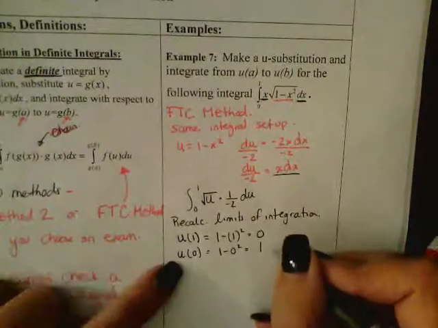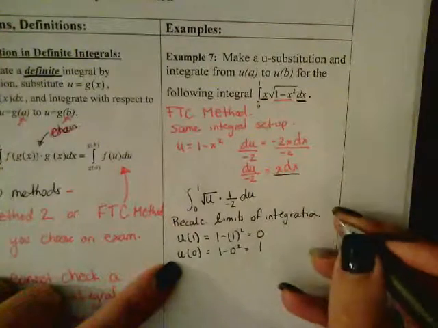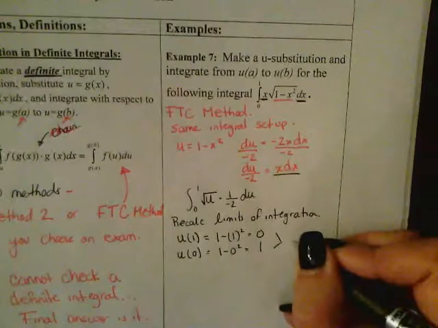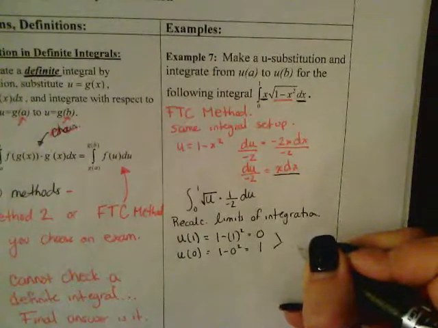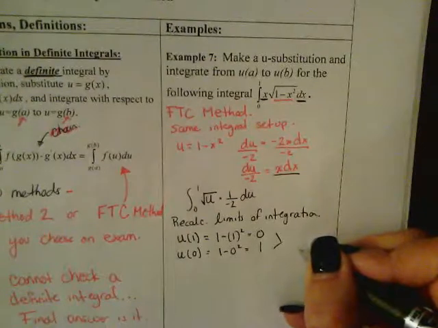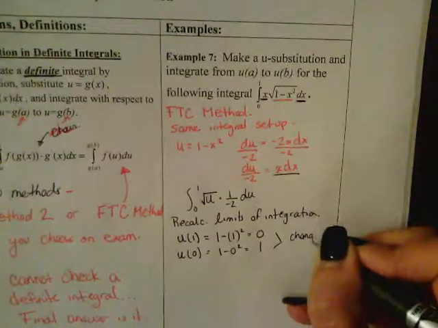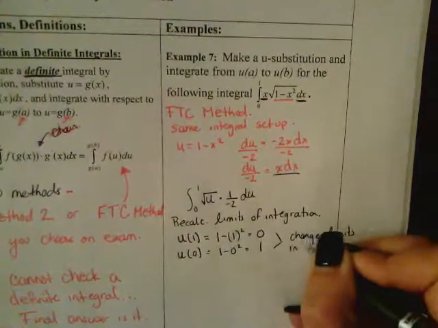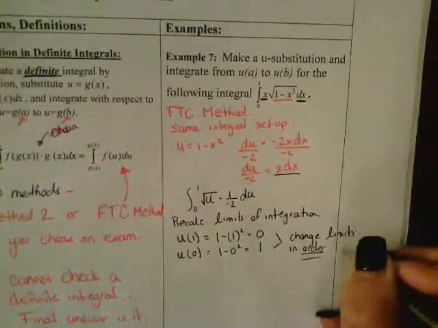By recalculating the limits of integration, we can now change the limits in order when we put in u and du. They have to go in the correct spot.